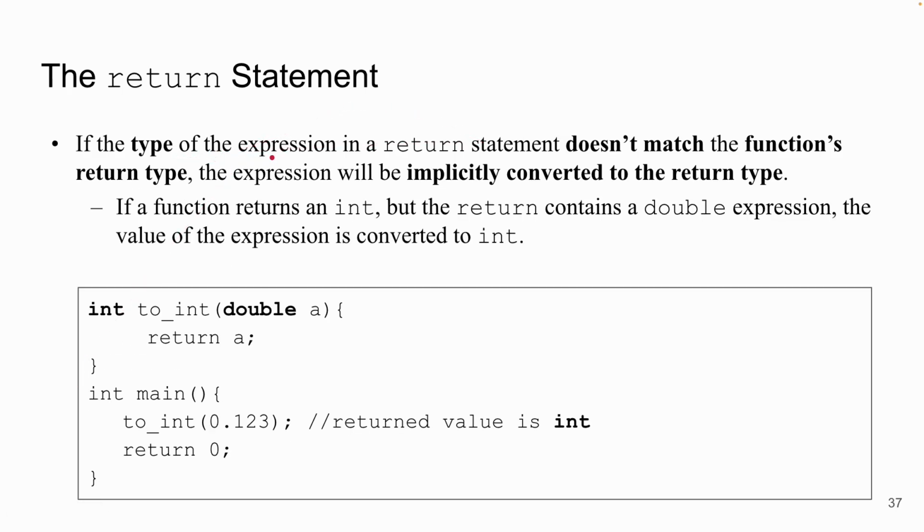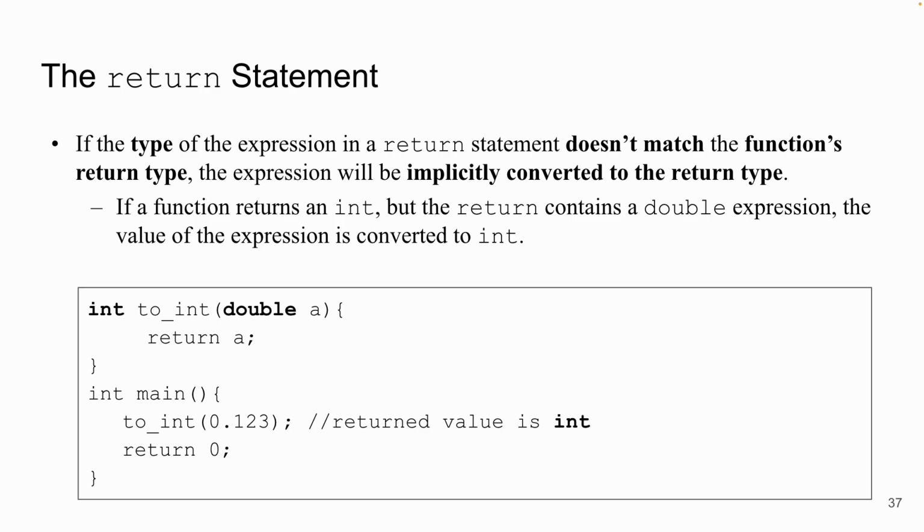If the type of the expression in the return statement doesn't match the function's return type, that means, for example, I want to return an int value, but inside the function body, in the return statement, what I return is a double value. If this happens, C will do an implicit type conversion.